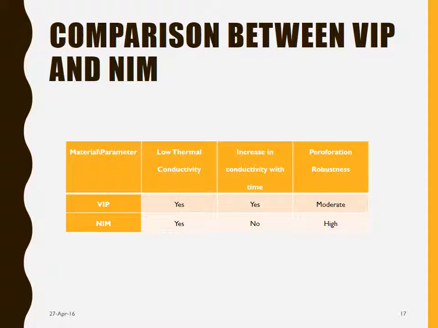But for nano insulated material, the thermal conductivity doesn't increase that much with time, because the absolute pressure in vacuum insulated panels is very low, around 1 millibar, but in nano insulated material it is around 50 to 100 millibars. So the thermal conductivity does not increase with time. Robustness for VIPs is moderate, but for nano insulated materials is quite high.